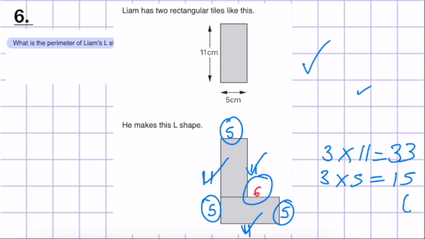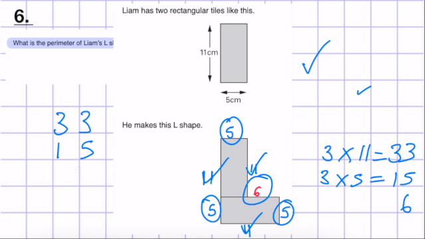So what I'm going to do now, I'm going to add those up. Now I'm going to put it here, which is a little bit more in the middle. You could either do 33 add 15 and then add the 6, or you could do it all as one like this.